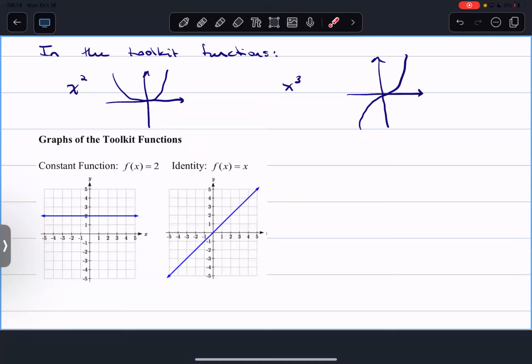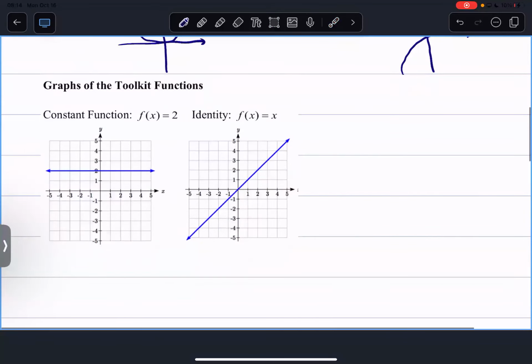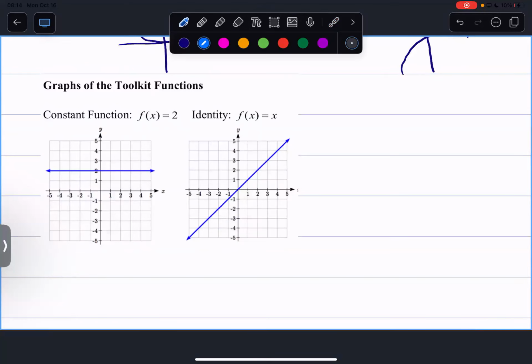Riddle me this. Are these power functions? Technically, yes. Why? Because if you have something like f of x is equal to 2, now that's a constant, right?